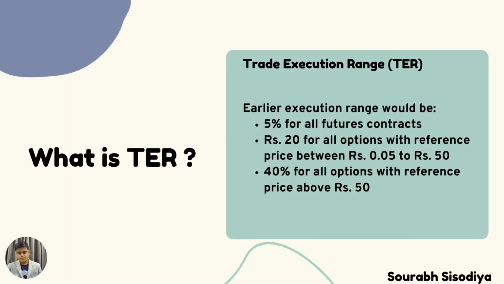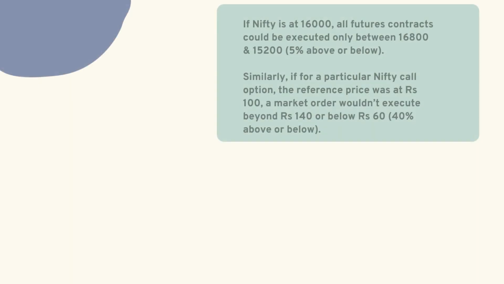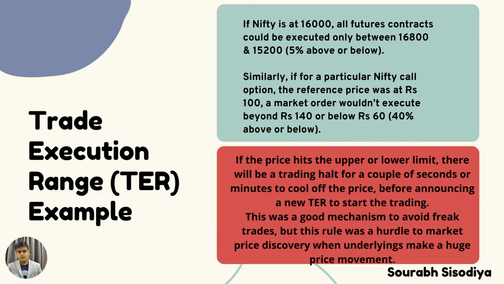For example, the trade execution range for futures was 5% and 40% for all options priced above rupees 50. Let us take an example. Suppose Nifty is at 16,000. The 5% range would be 16,800 on the upside and 15,200 on the downside, which means a trade won't be executed beyond this range.